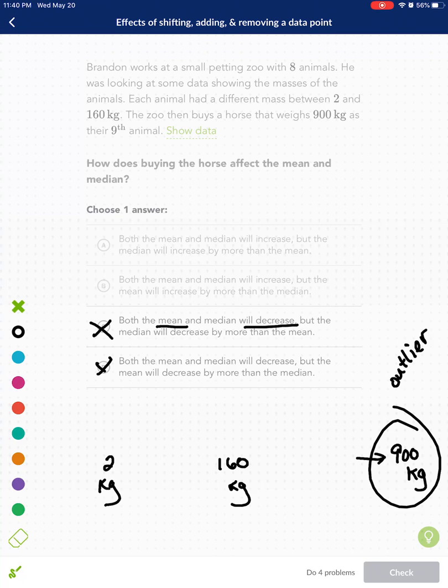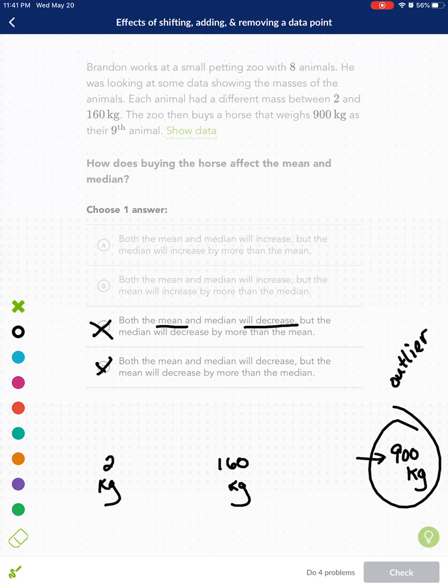So you can just eliminate C and D for common sense purposes. All right, so A and B both say that the mean and the median will increase, which is true. That's definitely going to bring up the mean. But will the median increase by more than the mean, or will the mean increase more than the median?